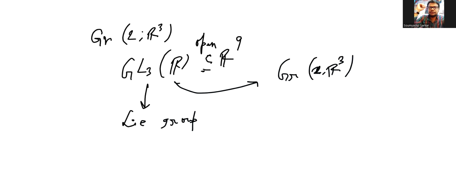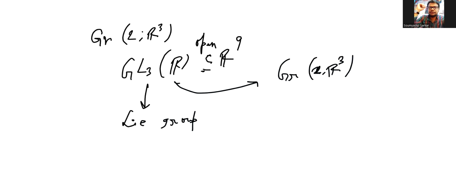I already explained this in the last video: you can choose a basis for that two-dimensional subspace and then extend that basis to the whole space, and with respect to that basis write down the invertible linear transformation in matrix form. Then the matrix will look like this.